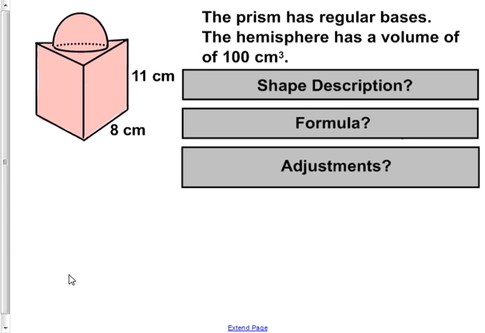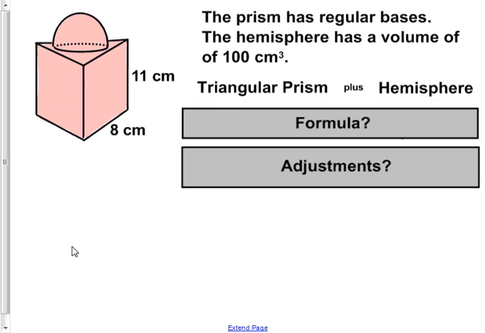Okay, now here was the next figure. In the calculations for volume, we said that this was a triangular prism plus a hemisphere. Well, that's still an accurate description when it comes down to surface area. We have the majority of a triangular prism, and we have a hemisphere involved.